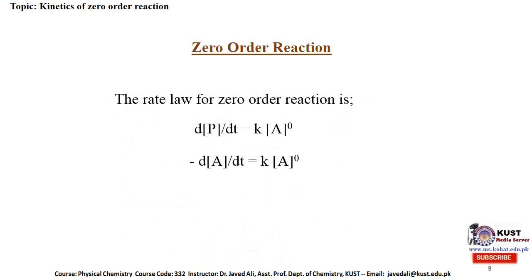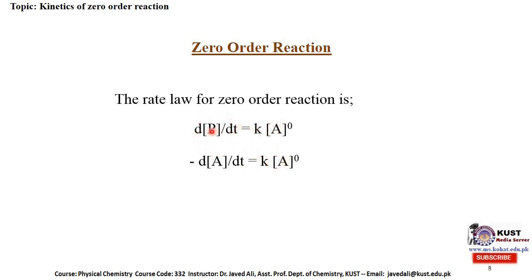So first of all, what is a zero order reaction? The rate law for zero order reaction is dP divided by dt is equal to Ka power 0, or minus dA divided by dt is equal to Ka power 0, where A represents the concentration of reactant, K represents the rate constant, and dP divided by dt represents the rate of formation of product.